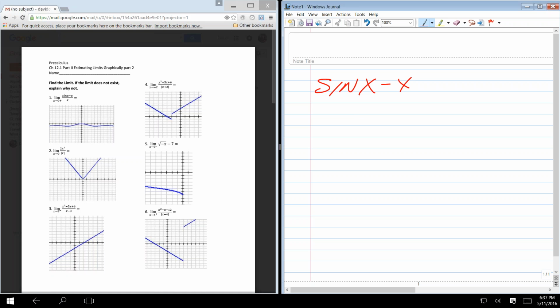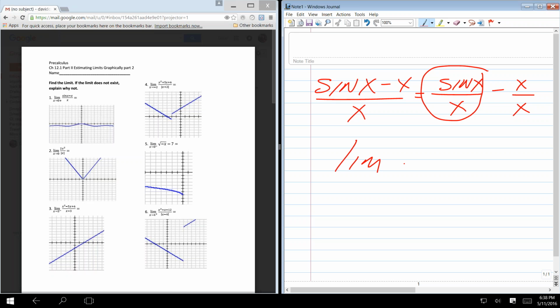Sine of x minus x over x, I can break that into two fractions, right? The sine of x over x minus x over x. What's the limit of that as x goes to 0? It's 1. One of the things they have to tell you, because you don't have enough calculus to know it yet, is that the limit of sine of x over x as x goes to 0 is 1.